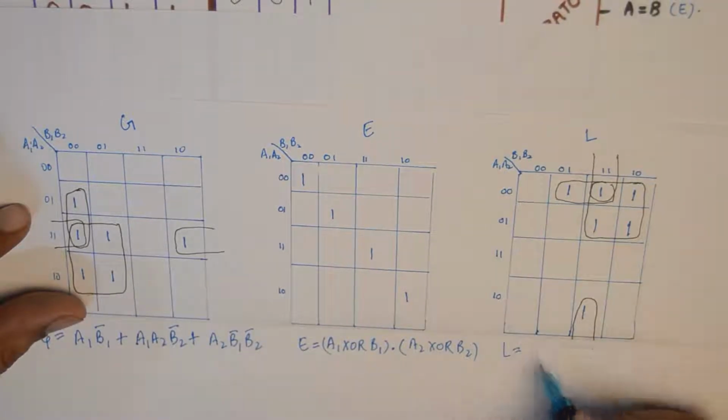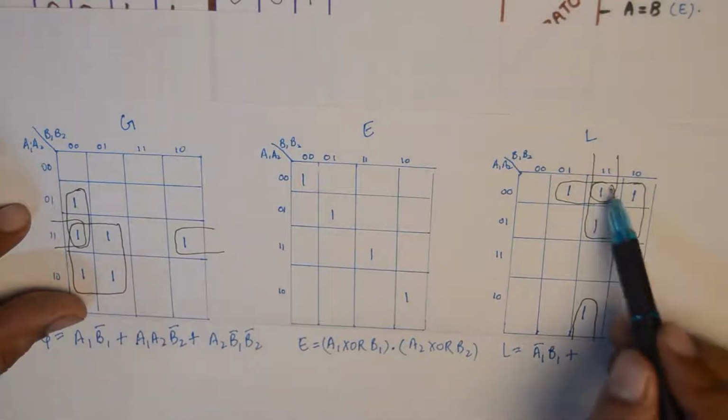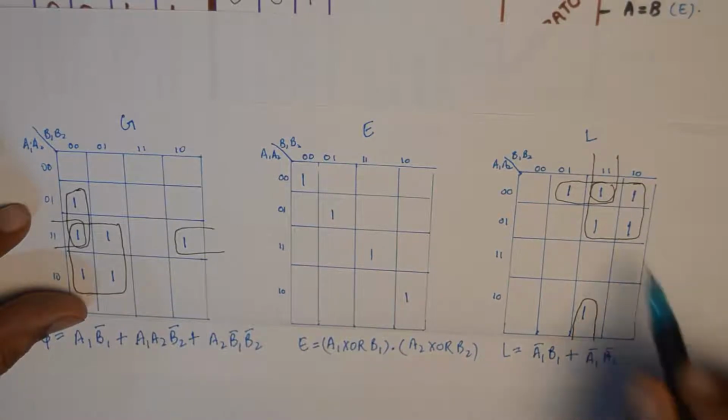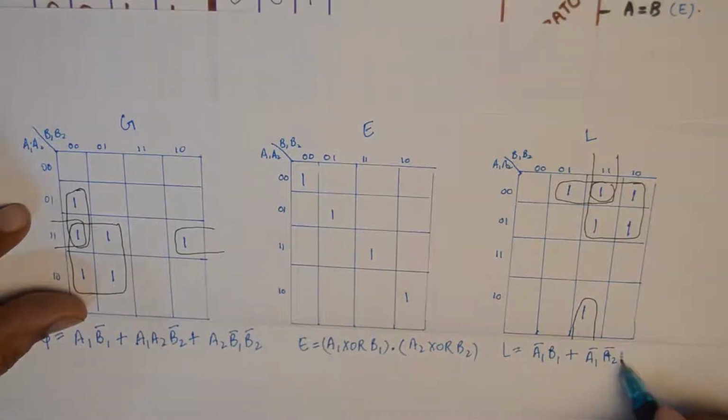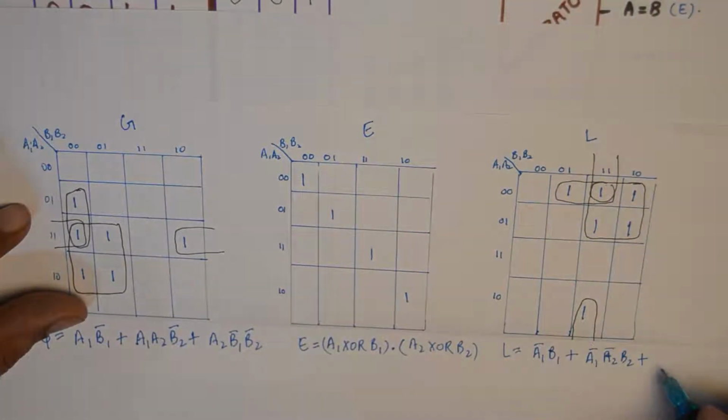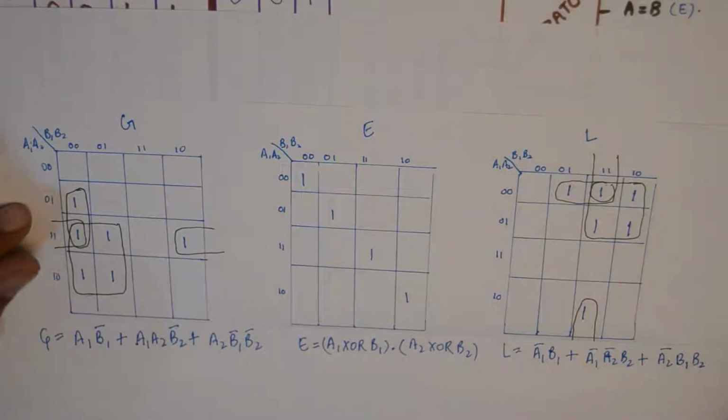So we have A1 bar and B1 plus for these two we have A1 bar, A2 bar and B2, and for these two we have A2 bar, B1, B2.